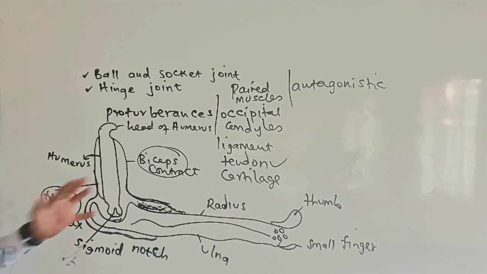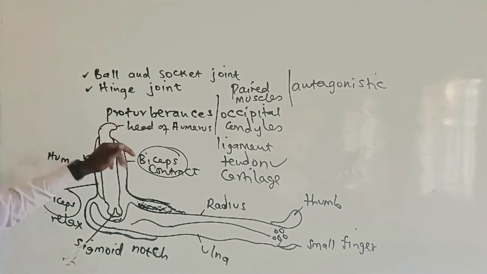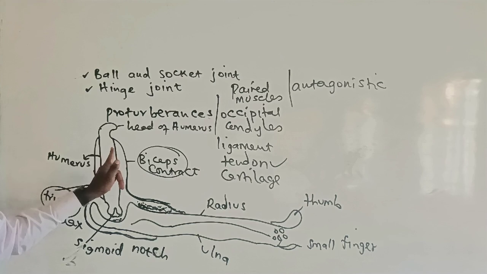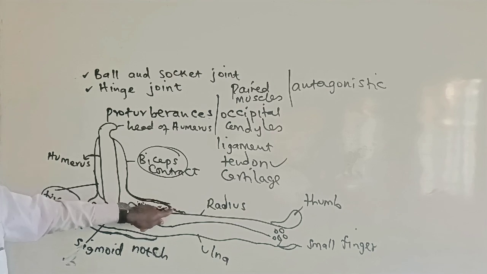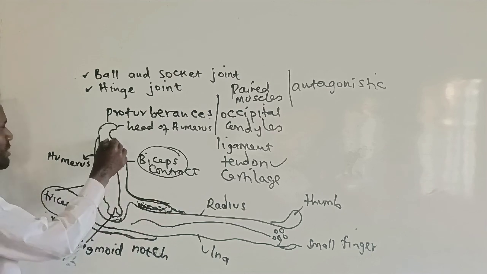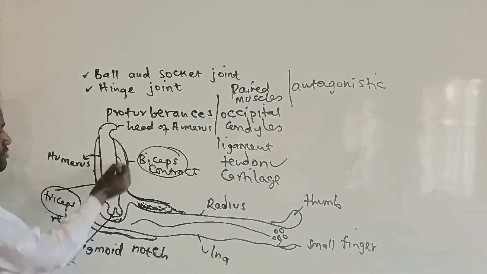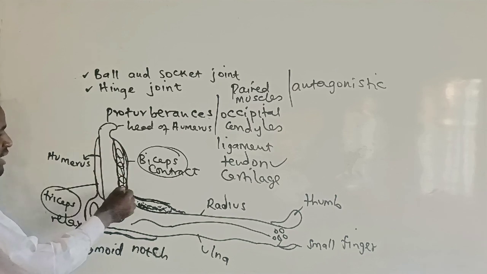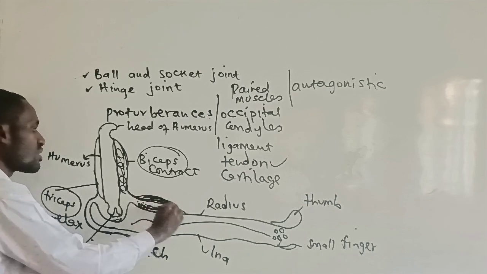Now, these muscles have to be differentiated. How? For example, the muscles are attached onto the origin, which is the immovable bone, or inserted onto the movable bone. For example, this bicep is attached onto this immovable bone as the origin, and inserted onto this movable bone, the radius.